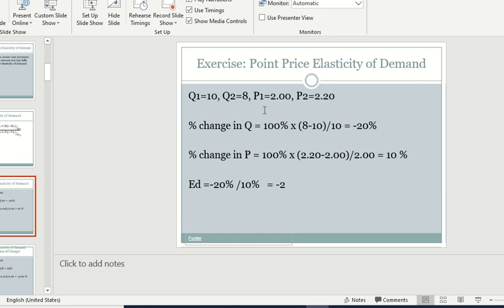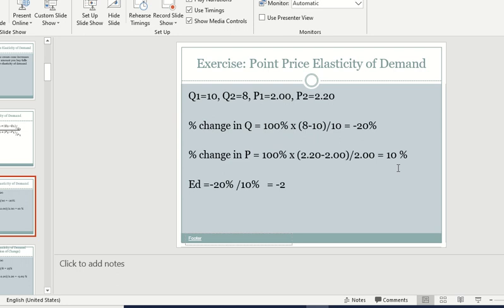The initial price is $2, and the new price is $2.20. When you plug all these numbers into the equation, the percentage change in quantity gives you negative 20%. If you're looking at a change and you have a negative sign, that means the quantity demanded decreases. And the percentage change in price is 10%.